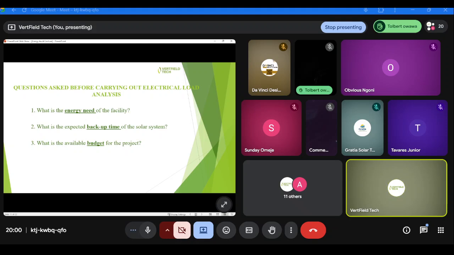Then we come down to the bonus question by asking our client what is the budget available for the project. Some persons tend to shy away from this question. However, the question is very, very important because we have seen Mr. Junior say he wants to power up five air conditioners, four freezers, three microwaves, 50 lighting points.